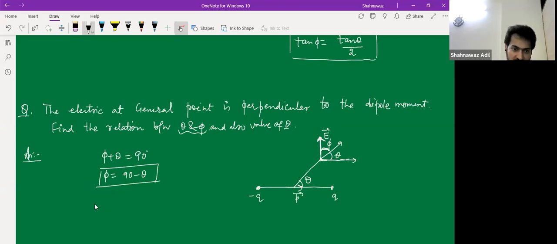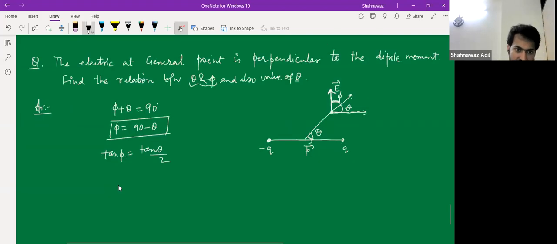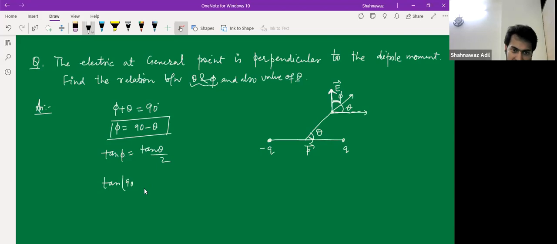Now let us calculate the value of this theta. So we can use this formula: tan phi is tan theta by 2, right? And phi is 90 minus theta, so tan of 90 minus theta is cot theta, which is tan theta by 2.